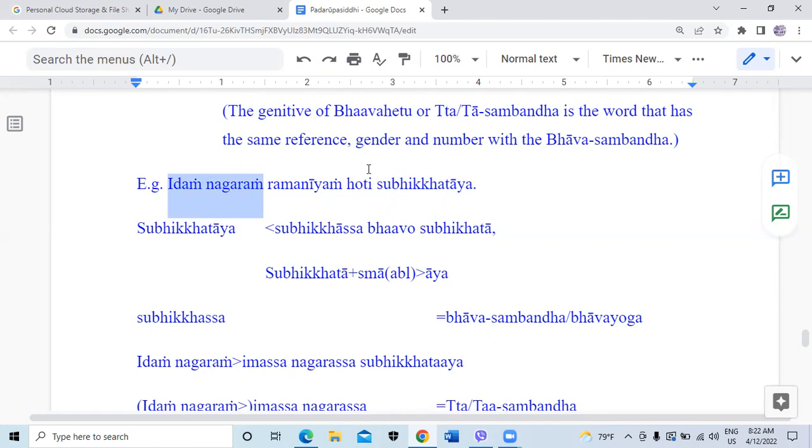That's why the subject must be in the nominative case and singular. So Idanakaran is the subject: this town is. This town is what? Ramaniya, pleasant. This is an adjective complement. Ramaniya also modifies Idanakaran, the subject.